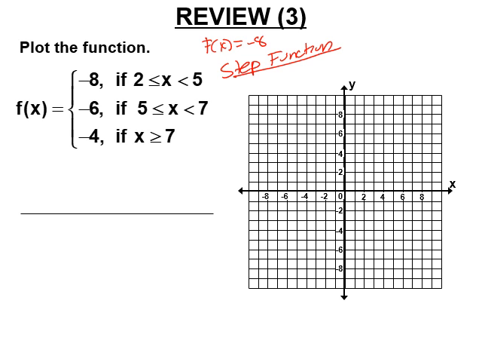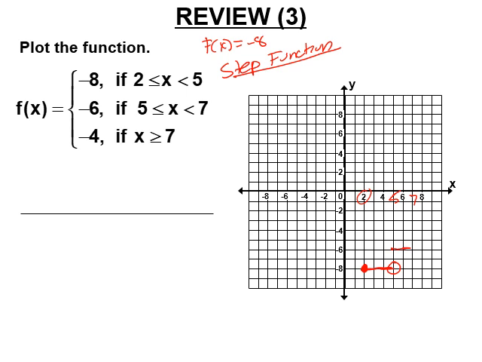All right, so -8. Why is it -8 when we're between 2 and 5? So here's 2 and 5. And we're at -8. So we're between 2 and 5. And I need closed circle on 2, open circle on 5. All right, that's our first step. We're at -6 if we're between 5 and 7.